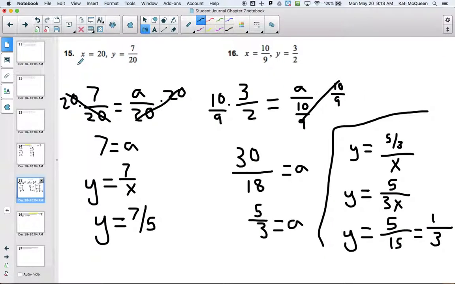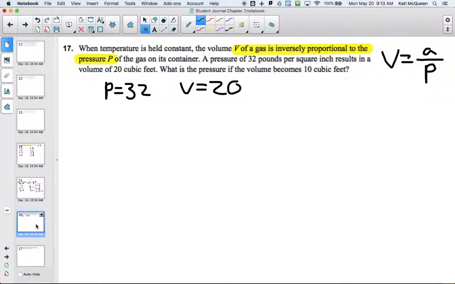This is just like this here where they gave us an x and a y that go together. And then we have that other value we want to find or want to solve for. Okay, so I'm going to substitute in my V and my P. So 20 equals A over 32. Okay, so I multiply each side by 32. I get 640 equals A.